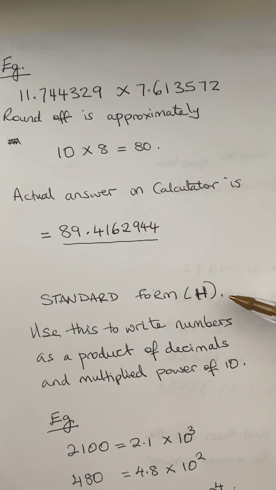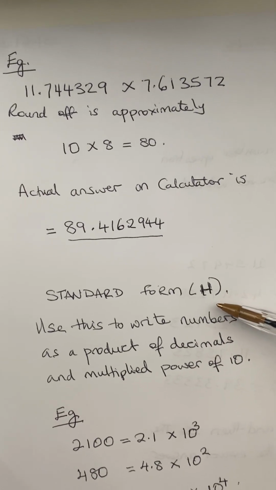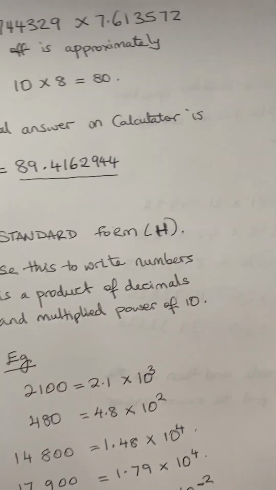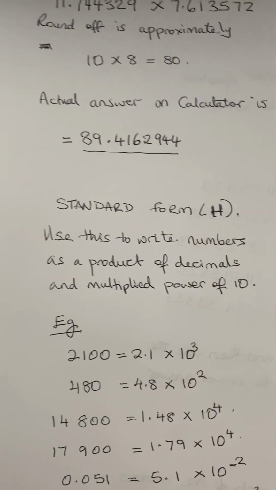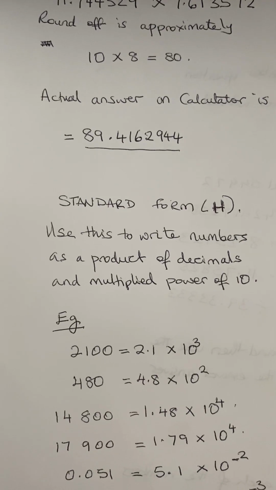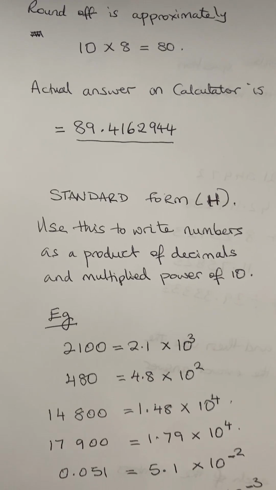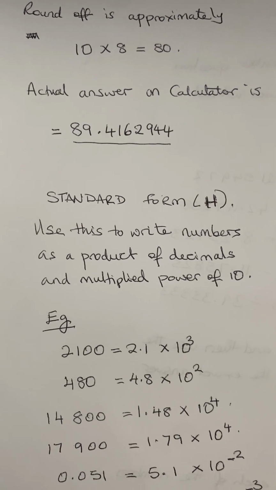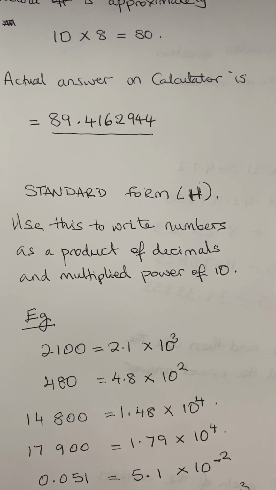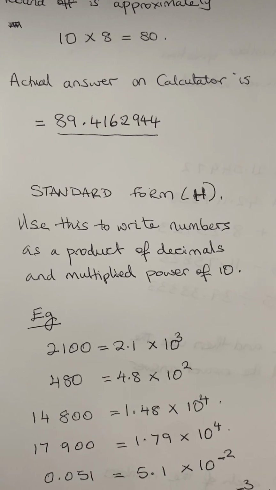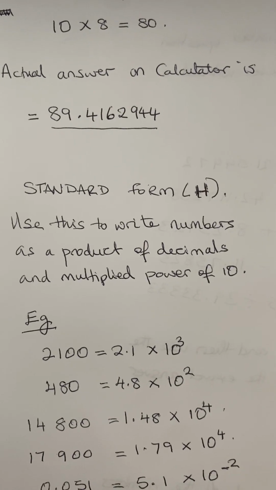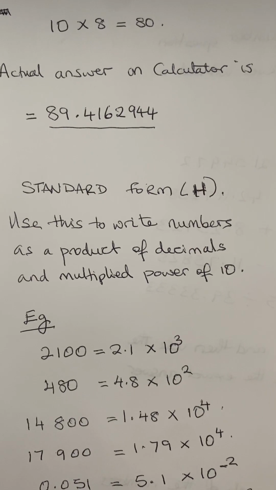Then we want to quickly look at standard form. This is converting numbers into powers of 10 and making it easier. They use this normally in science. Assuming you said 8,000, it didn't really mean anything.